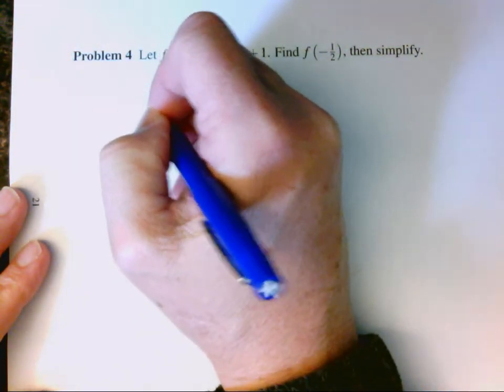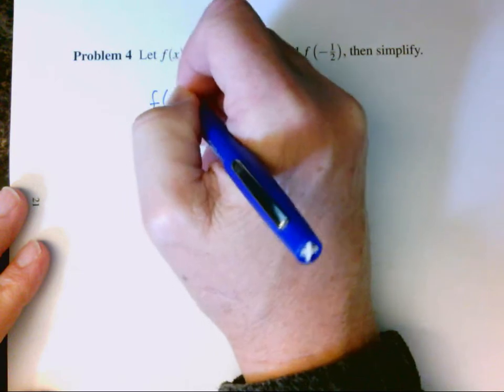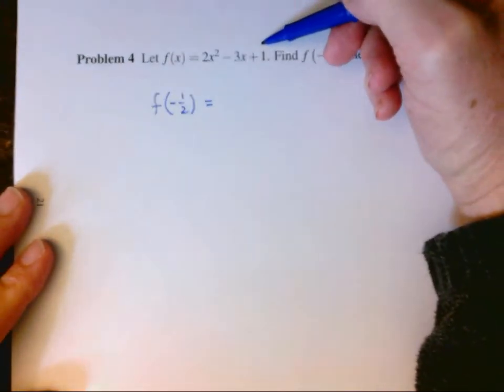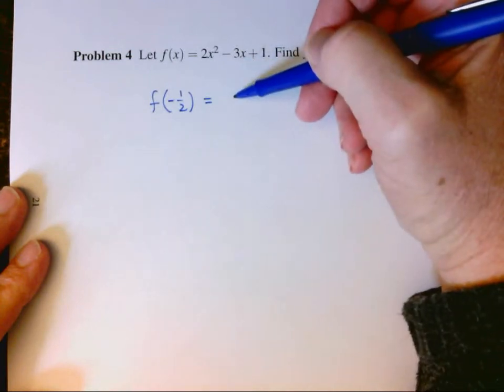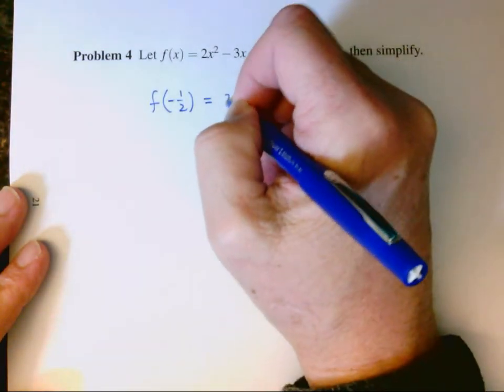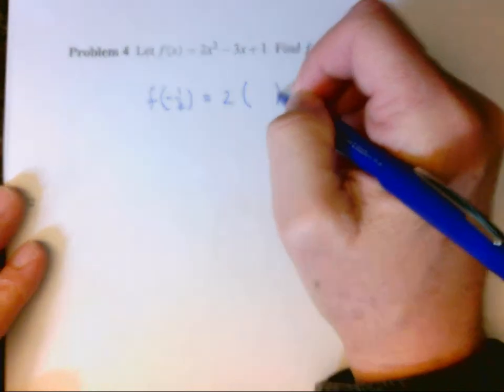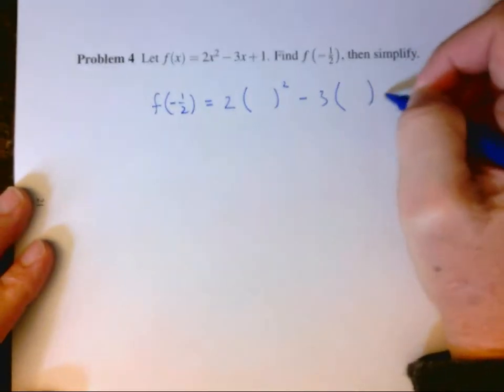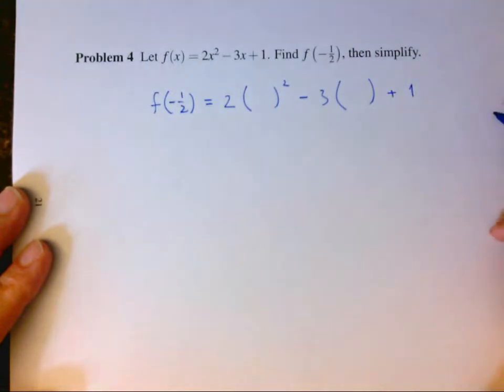So, f of negative 1/2. Notice that I write that down below. This is the formula. This will be the substitution step. It's going to be 2 times whatever the input is squared minus 3 times whatever the input is plus 1.